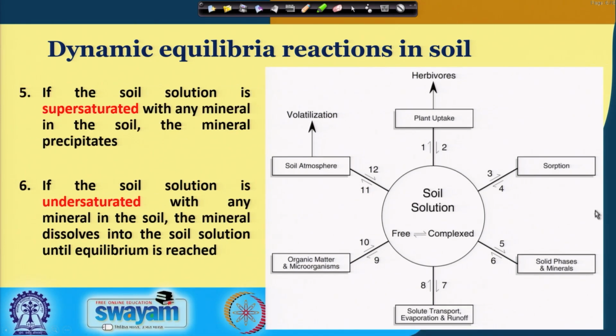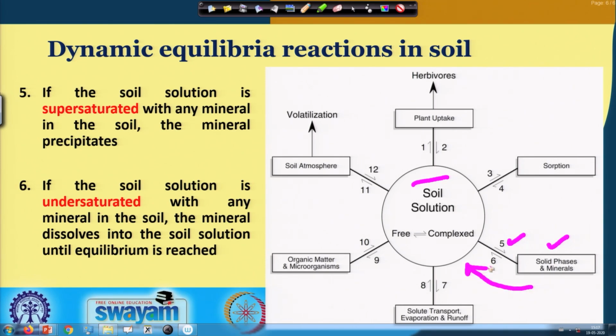Through these pathways the ions can move from the soil solution to different pools. Now, let us consider the soil solution is supersaturated with a mineral in the soil, then the mineral basically precipitates. So, this 5th pathway shows the precipitation of the ions in the forms of solid phases and minerals, and reversibly, if the soil solution is undersaturated with any minerals in the soil, the mineral dissolves and goes back to the soil solution to maintain an equilibrium until this equilibrium is reached.